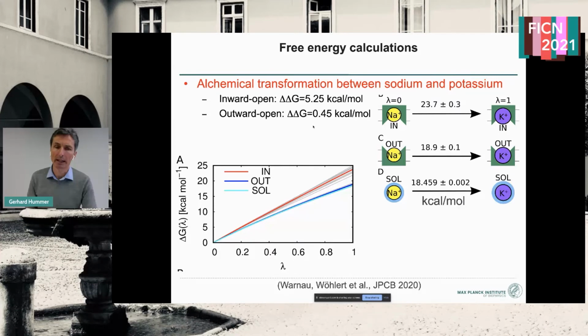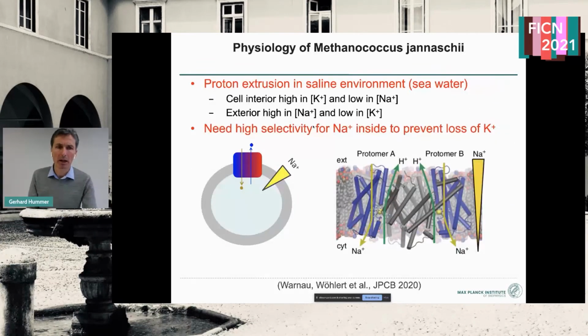In the outward open state, selectivity was significantly lower, about half a kilocalorie per mole. And so this is going in obviously the right direction, which is very encouraging. We have sodium selectivity, but there is this asymmetry, which is a bit unexpected.